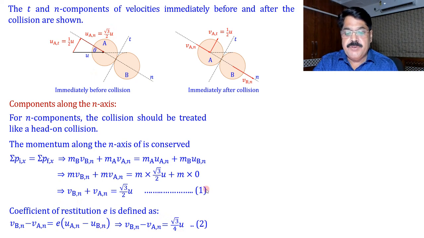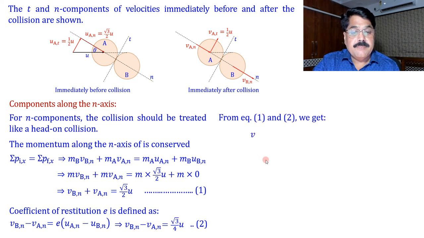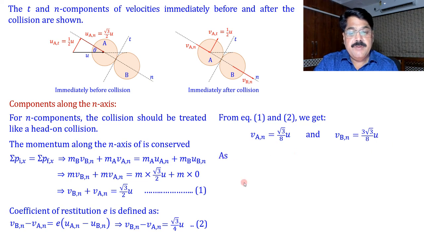So we have equations number 1 and 2, and by simultaneously solving equations 1 and 2, we can find the values of vbn and van. From equations 1 and 2, we get van is equal to root 3 by 8 u and vbn to be 3 root 3 by 8 u. And you can verify these calculations.